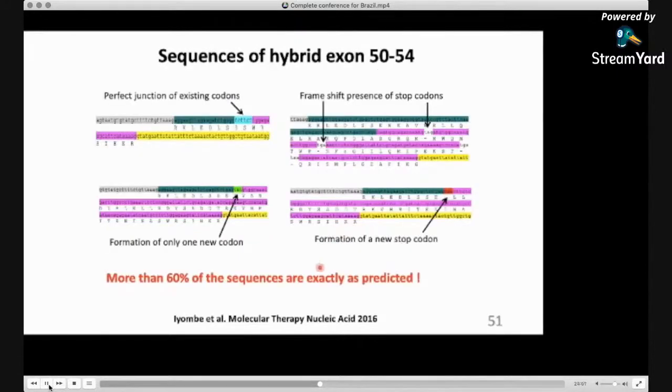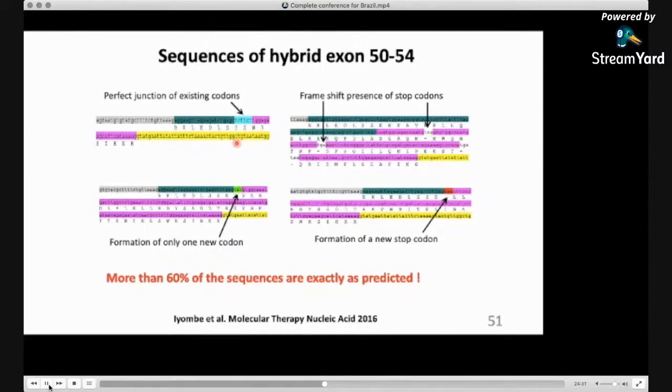We have sequenced this hybrid exon that was produced by cutting in exon 50 and in exon 54. Not only was the hybrid exon exactly the size as predicted, but the sequence was also exactly as predicted. For example, we had at the junction site the fusion of exon 50 and exon 54 producing exactly the predicted amino acid.